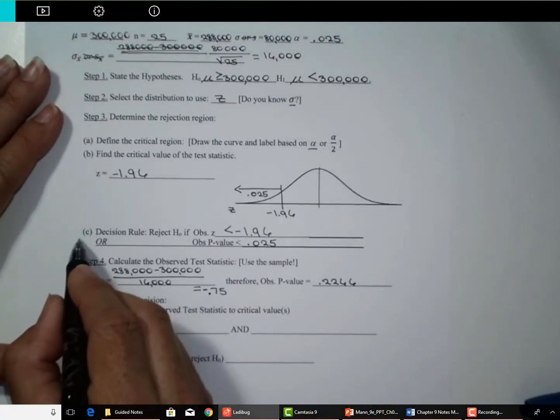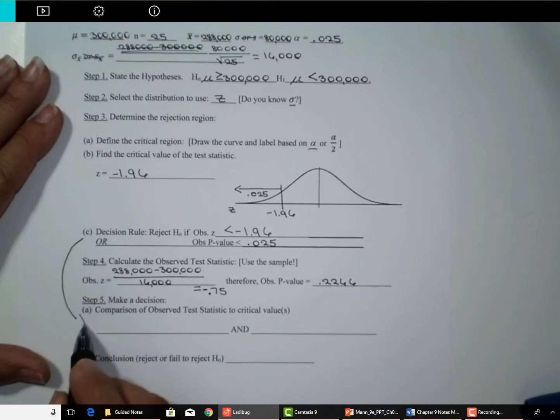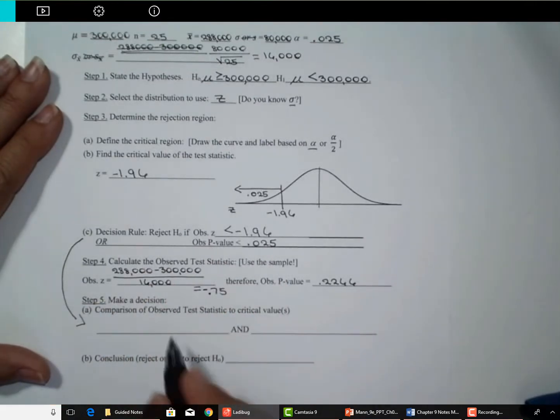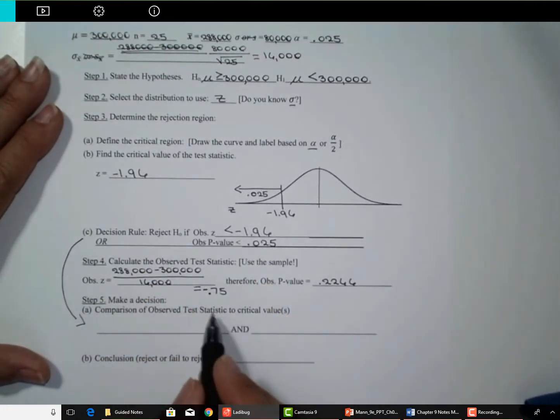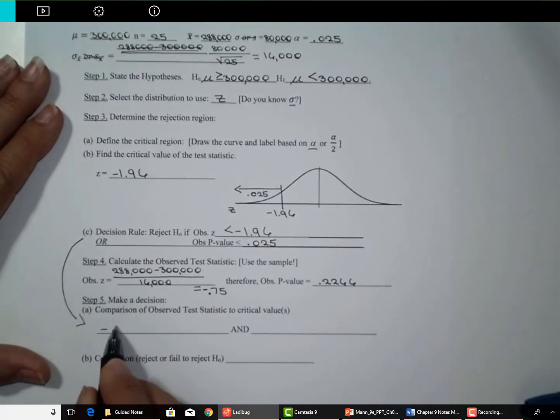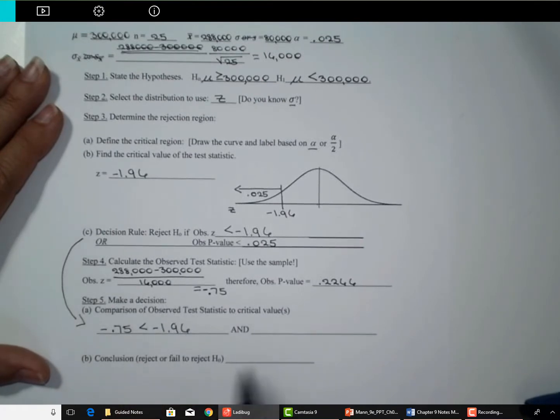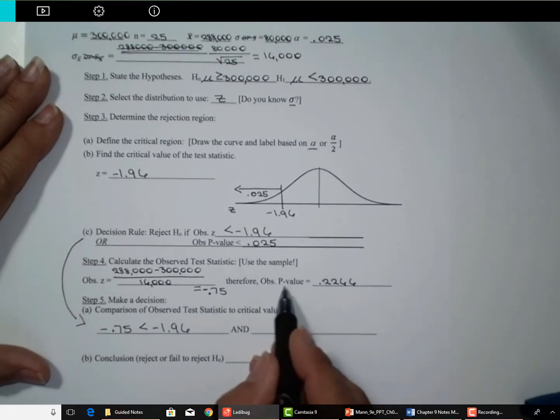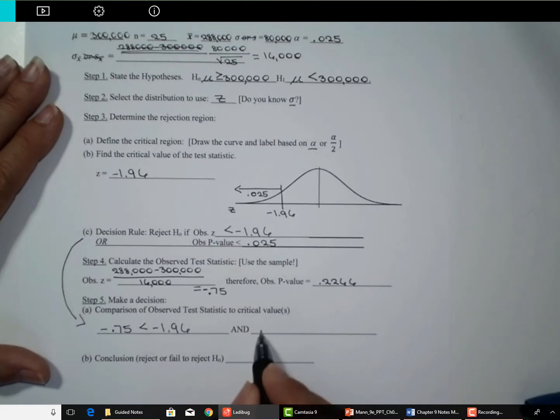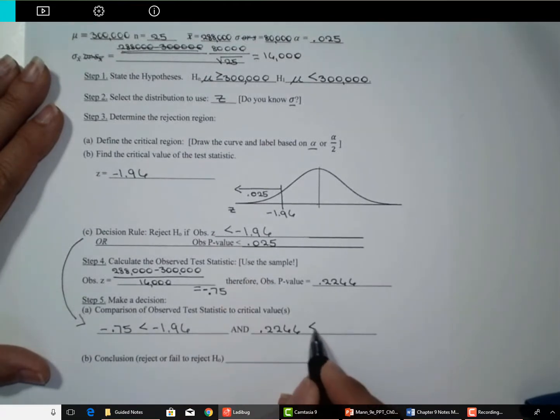Now, here's my comparisons. Once again, comparisons are based on the decision rules that I wrote out earlier. I want to see if observed z, which is a negative 0.75, is less than negative 1.96. And I want to also check and see if observed p-value, which is 0.2266, is less than 0.025.